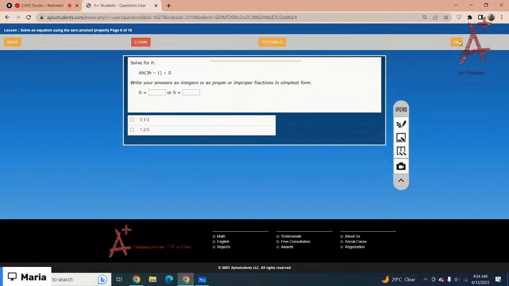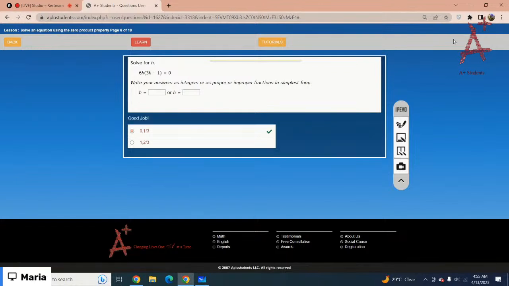Solve for h. 6h times 3h minus 1 equals 0. So which is the correct option? They are 0 and 1 over 3.